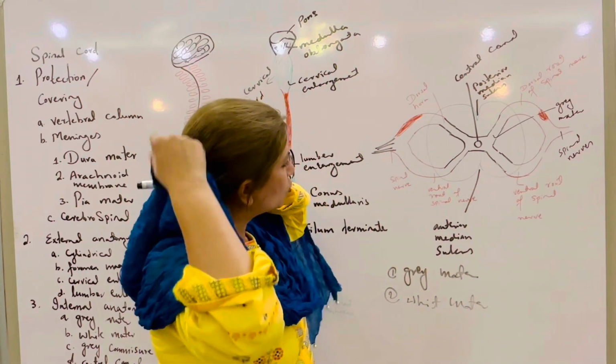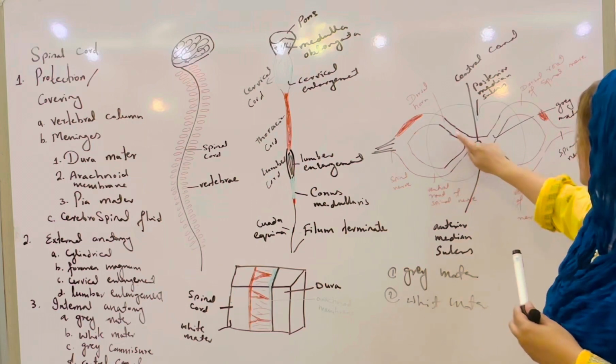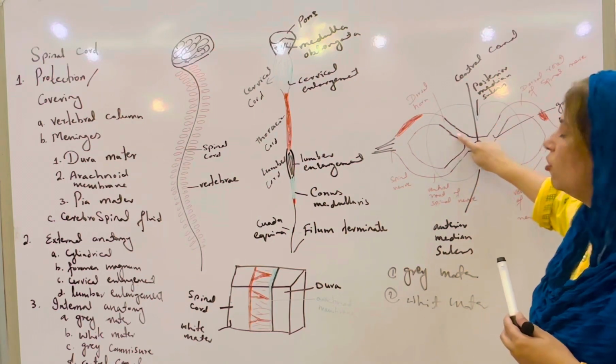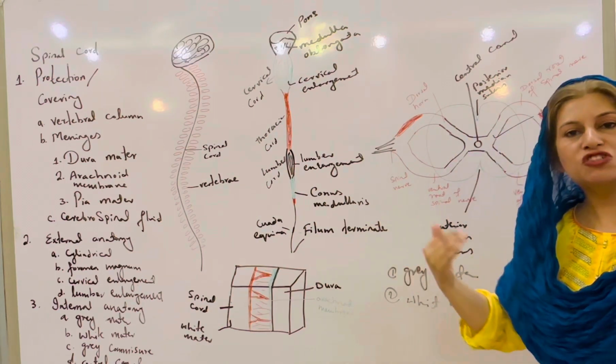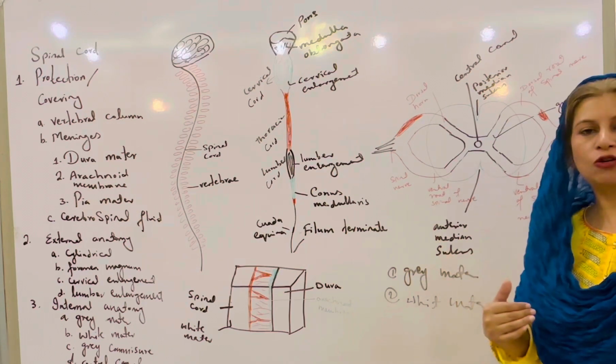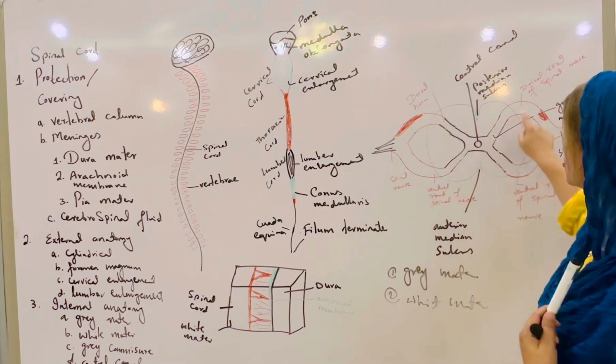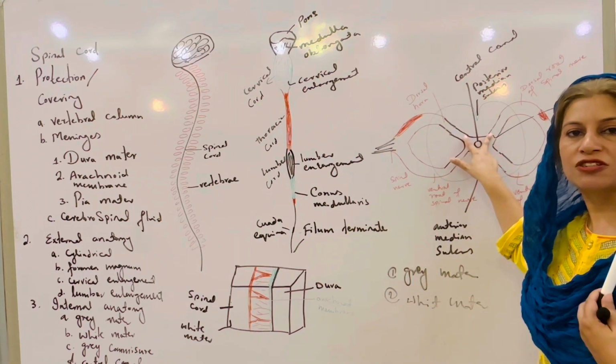Students, here we are showing the structure of a spinal cord. You can see that there are two horns which are present on the posterior side of the spinal cord, on the dorsal side, and we are giving the name of dorsal horns to these horns.